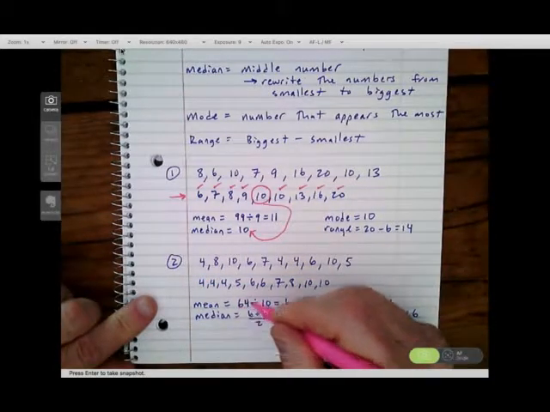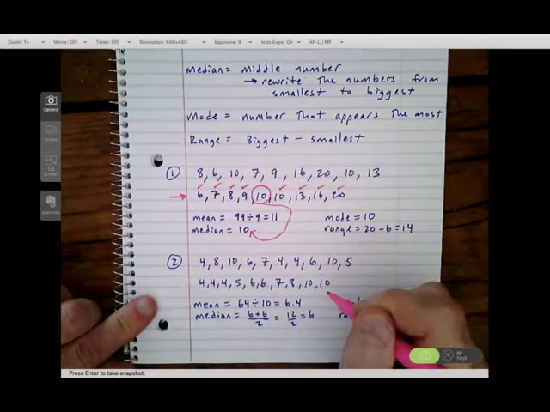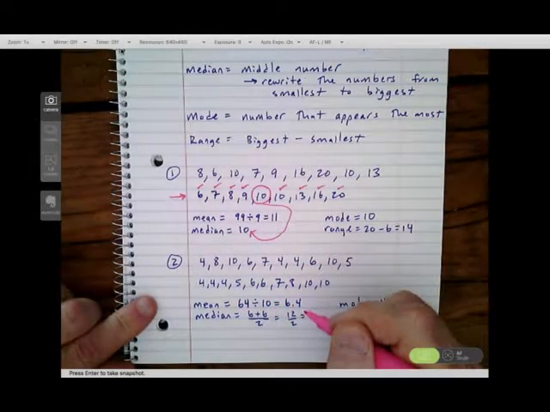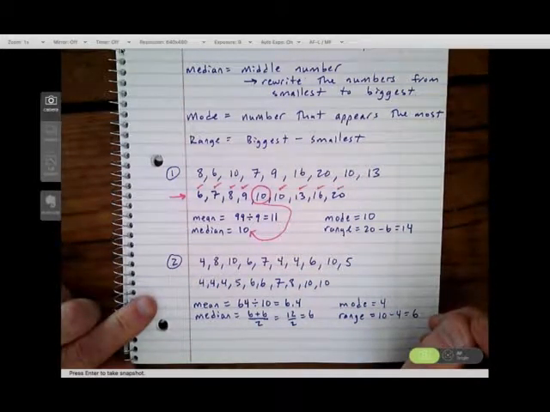So that's where this 64 comes from. I added them all up, and there are 10 numbers, so I divide by 10, and I get 6.4. Oftentimes the mean or the average will have a decimal in it. So add them all up and divide by 10 to get the mean because there are 10 numbers.